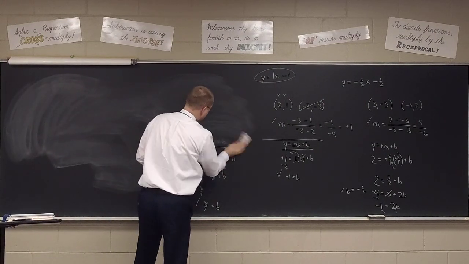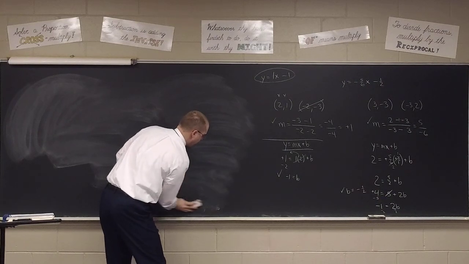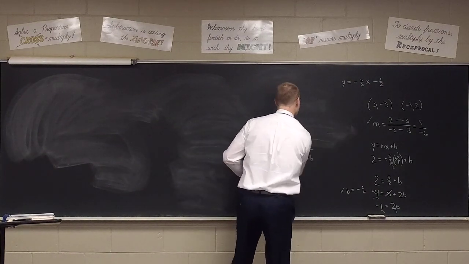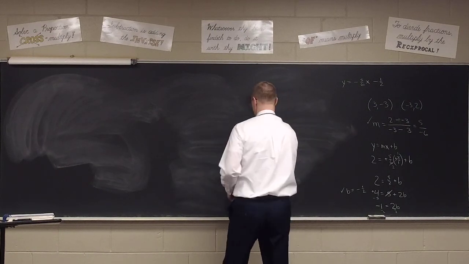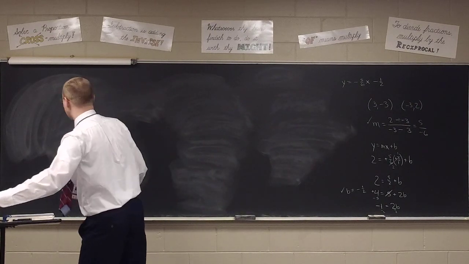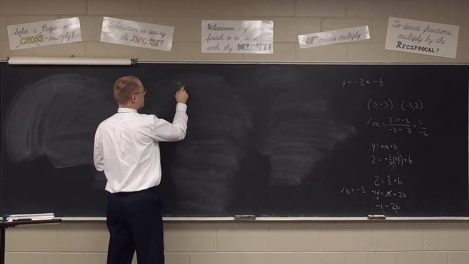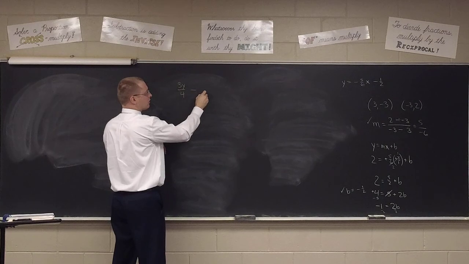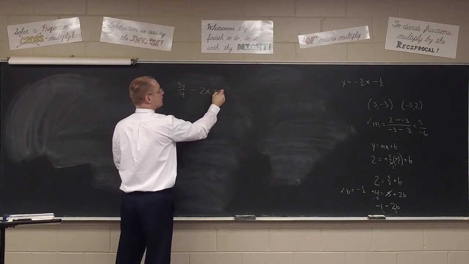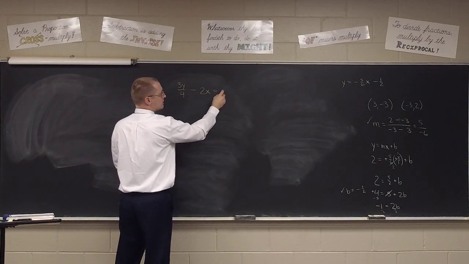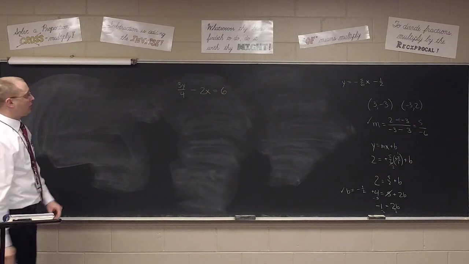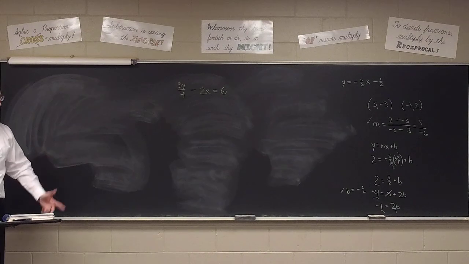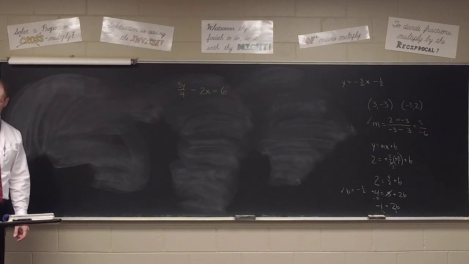On page 114, what was the equation for number 8, Brecken? 3y over 4 minus 2x equals 6. So you said 7 or 6? 6. All right. Well, that's a perfectly ghastly looking equation. What in the world should we do, Brecken?